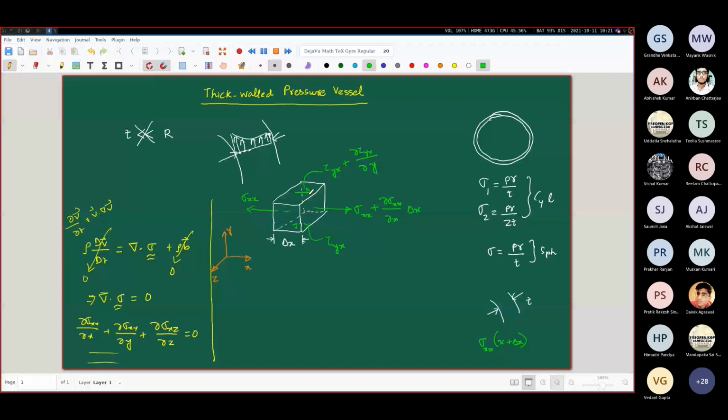So this distance is delta y. And finally, what do I have to consider on this plane?